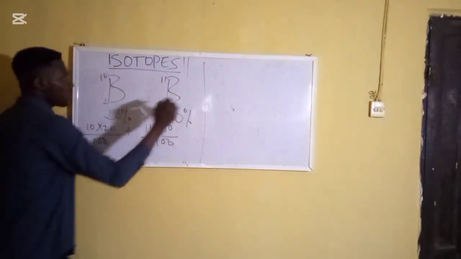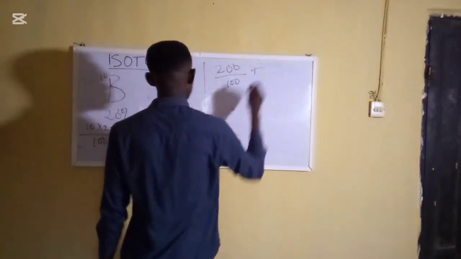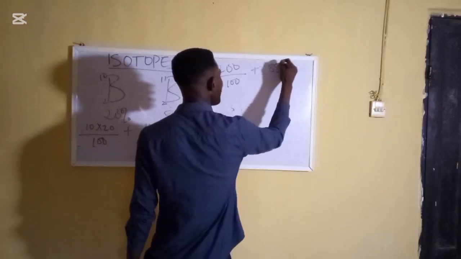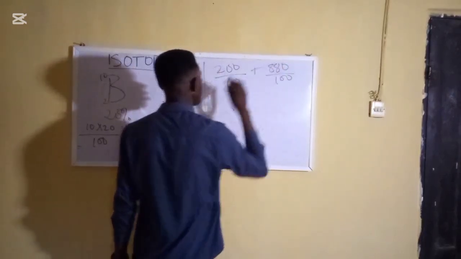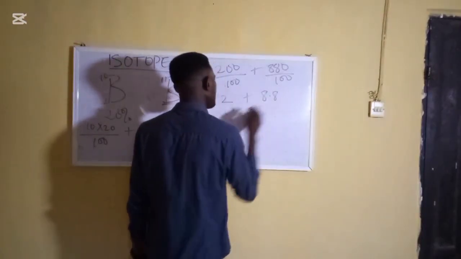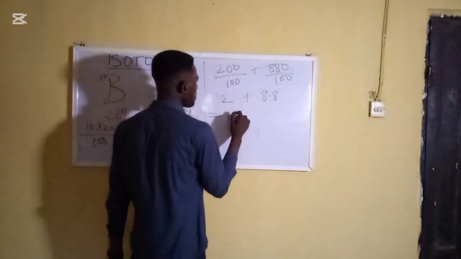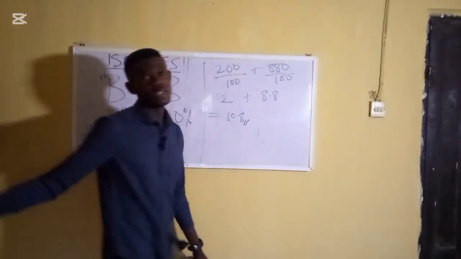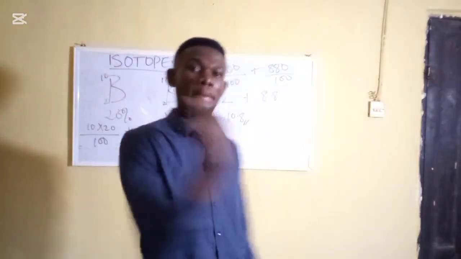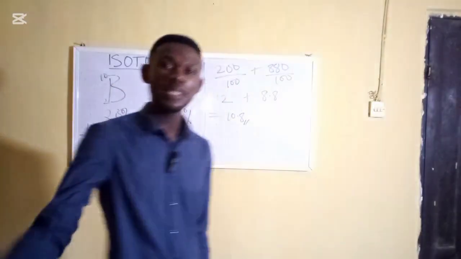This will be 200 divided by 100 plus this particular one here will be 880 divided by 100, and in total you'll be having 2 plus 8.8. What's that going to be? That's going to give you 10.8. So literally, this is how to carry out calculations on isotopes in relation to relative atomic mass.